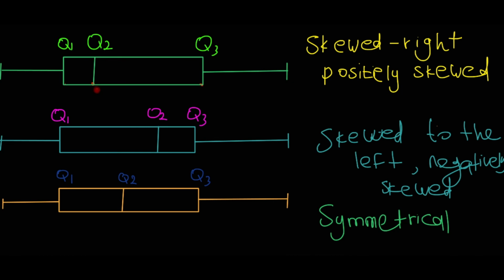If your data is more to the right, it's positively skewed or skewed to the right. If it is more to the left, then we say negatively skewed or skewed to the left. And then if it is in the middle, we say symmetrical. So that's how we comment on the box and whisker diagram.